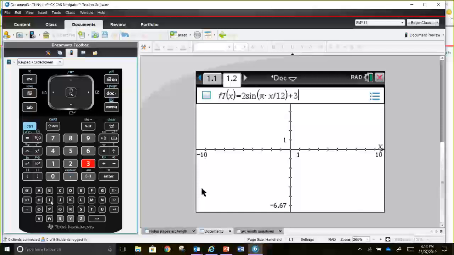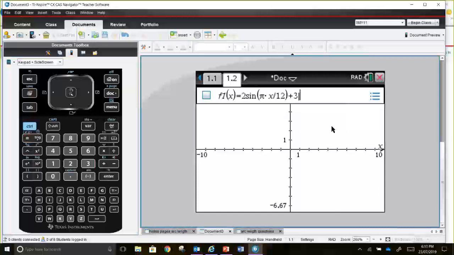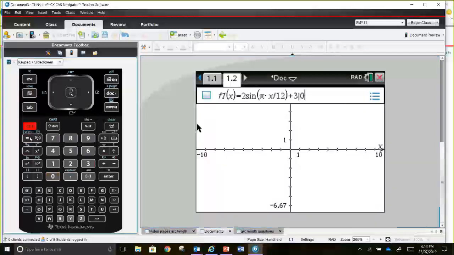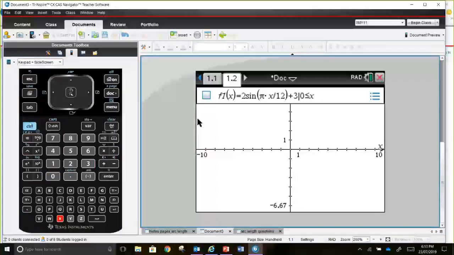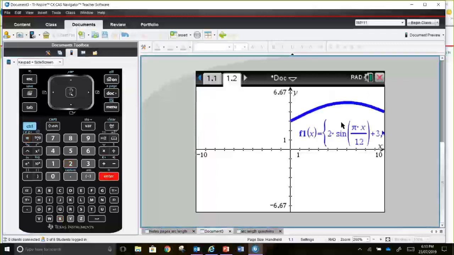We might restrict the domain just to only see the part of the curve which we are interested in. So this is 0 less than x less than 12. And that's our curve.